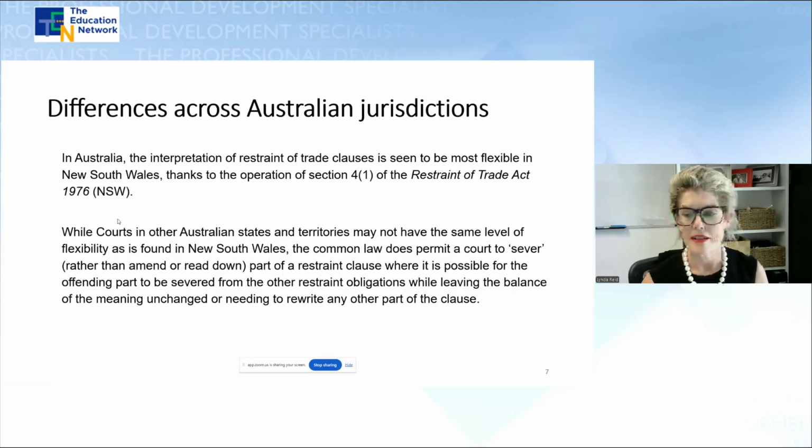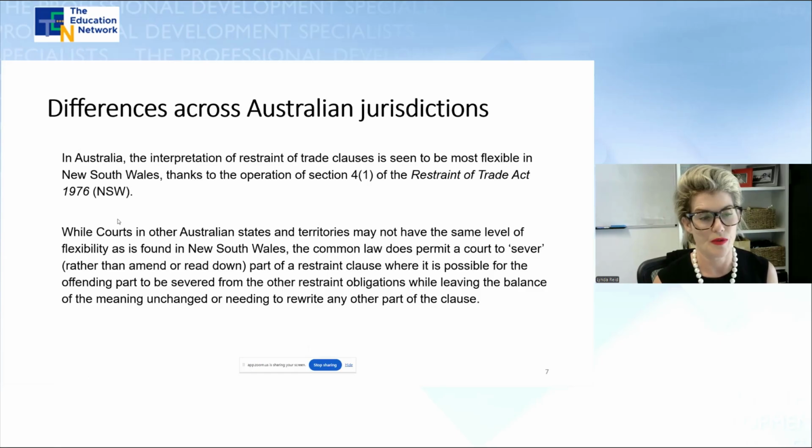So let's have a look at some of the differences across Australian jurisdictions. Because in Australia, the interpretation of restraint of trade clauses is seen to be most flexible in my home state, which is New South Wales, and that is thanks to the operation of our Restraint of Trade Act 1976.